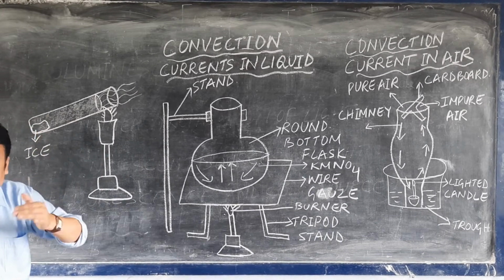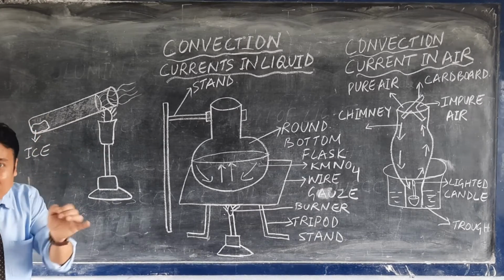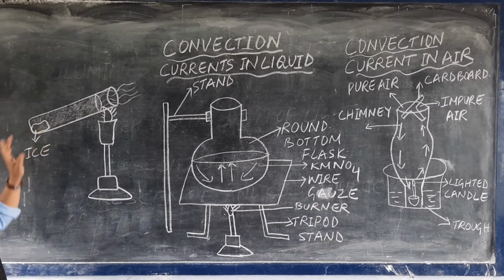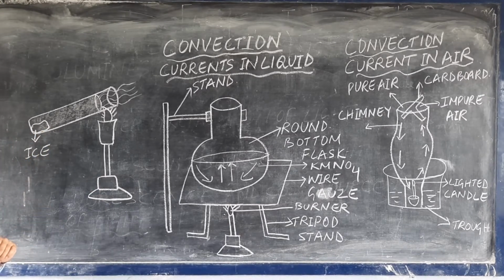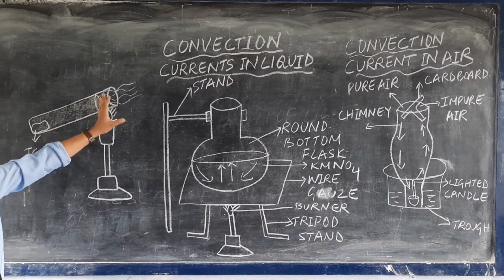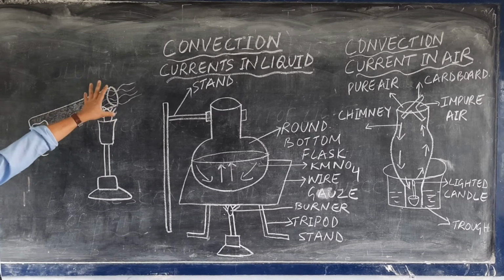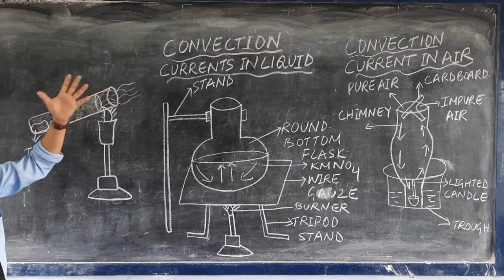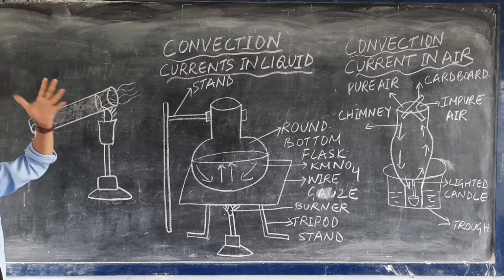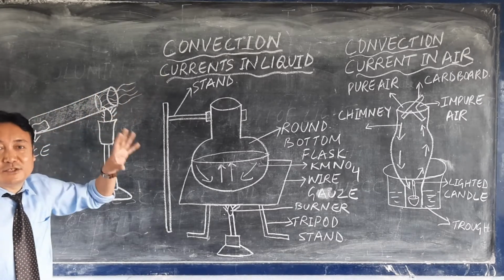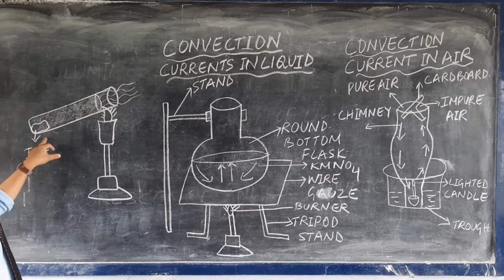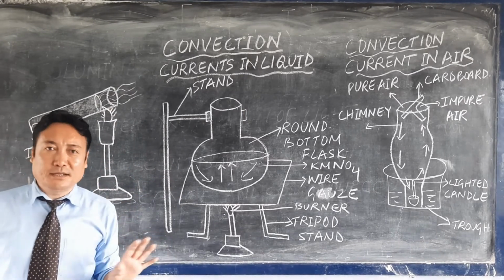If the heat had been transferred, the ice would have melted. So, though you supply heat on the upper portion, the water gets heated and the steam starts coming out from the mouth of the test tube, but the ice is not able to melt.